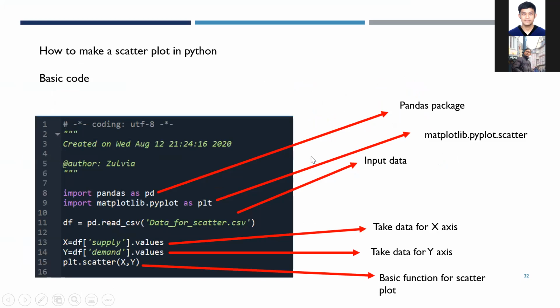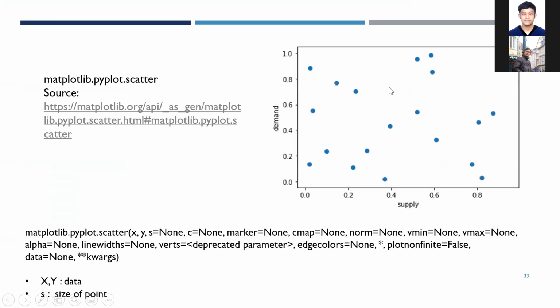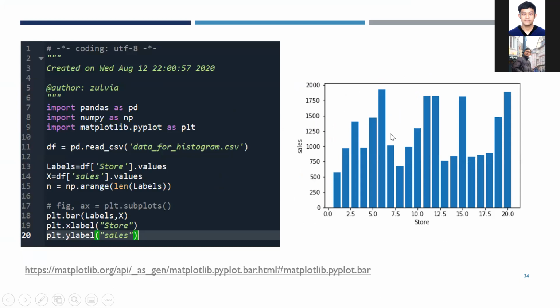And what else? This is for the scatter plot. For a scatter plot, basically we can just write plt, which refers to matplotlib, dot scatter, x, comma, y. Okay, and then we can get this result. This one is for a bar plot.